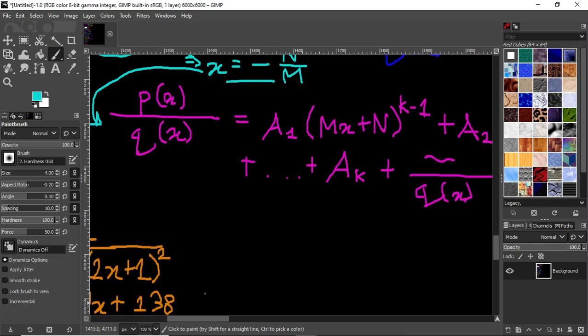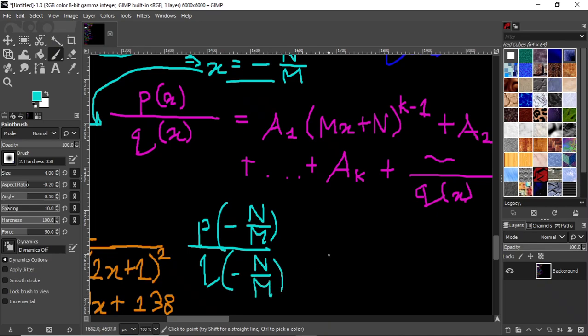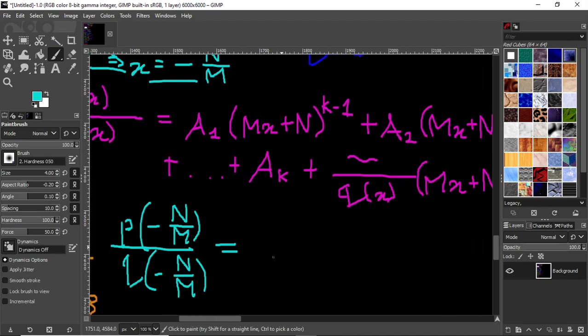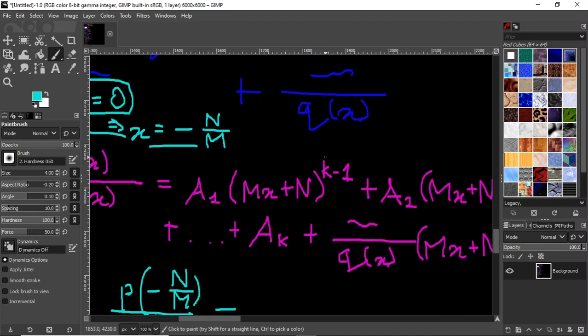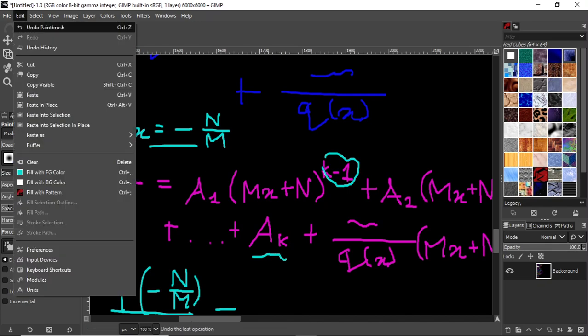If we do that, on the left hand side we get p of that particular x, negative n by m, divided by q of negative n by m. The powers are not going to be zero until we reach this.